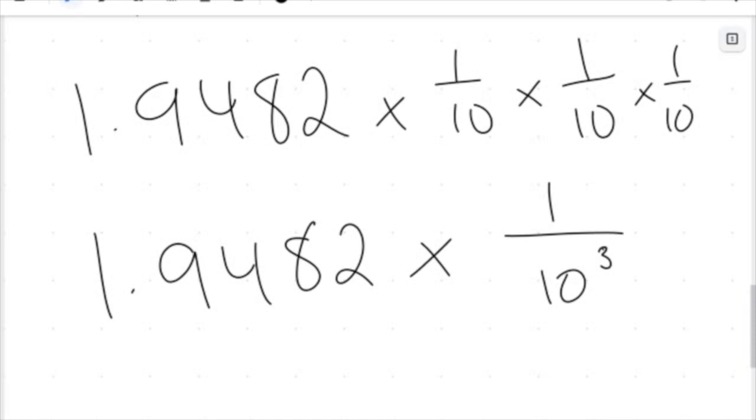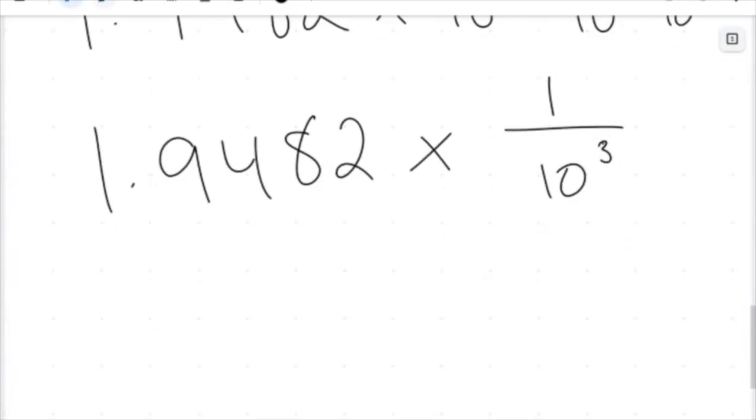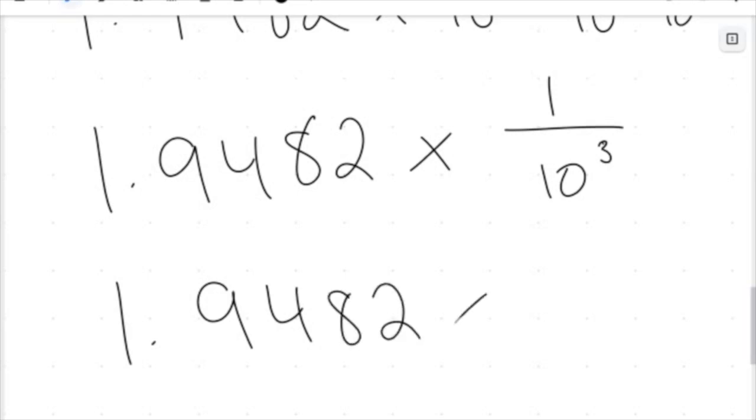Now if we remember with our negative indices, I can rewrite this thing here, 1 over 10 to the power of 3, as 1.9482 times 10. 10 will be my base, and I can find the reciprocal of this and change the sign here from positive 3 to negative 3. So this becomes my answer. So this is how we can think of scientific notation in the other direction.